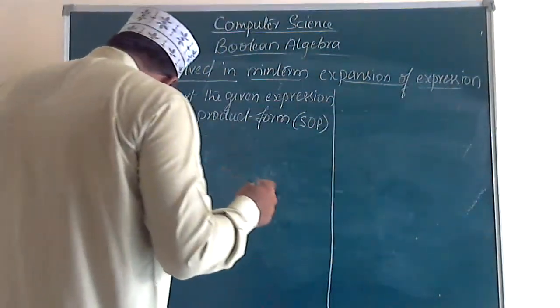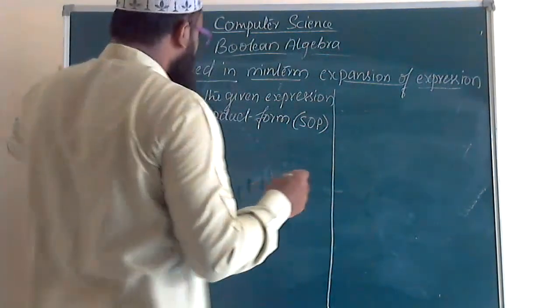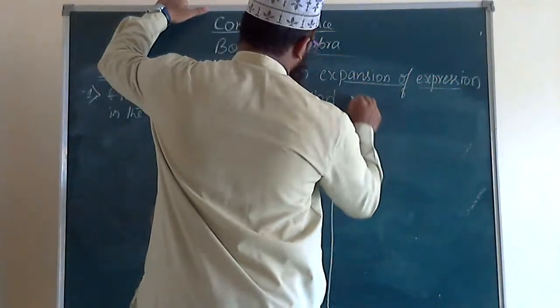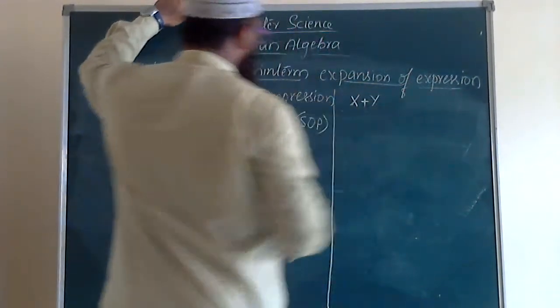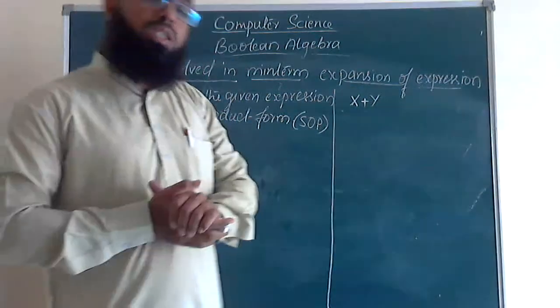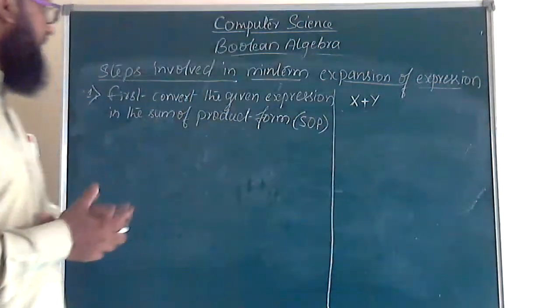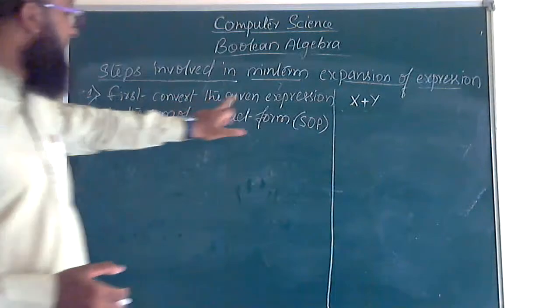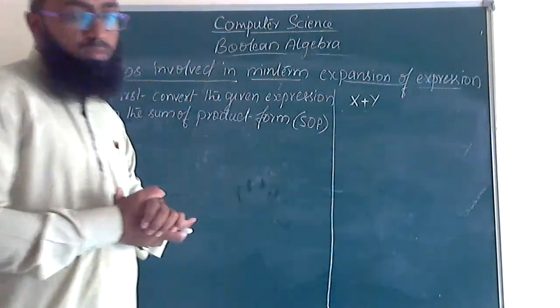I will take one expression here. The given expression is x plus y. Here I need your complete concentration so that you understand this clearly. First convert the given expression in the sum of product form.